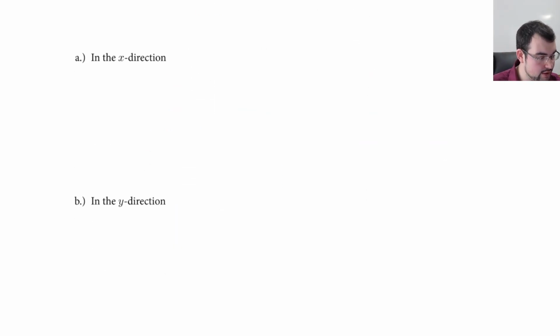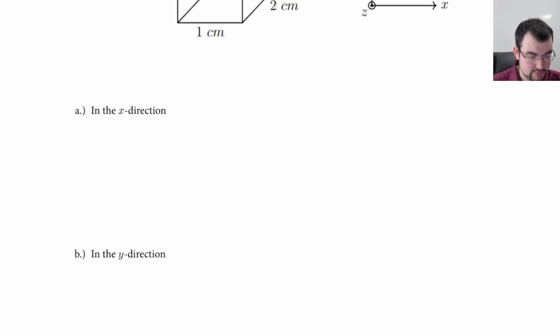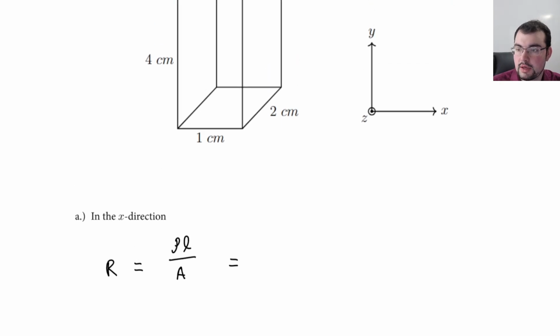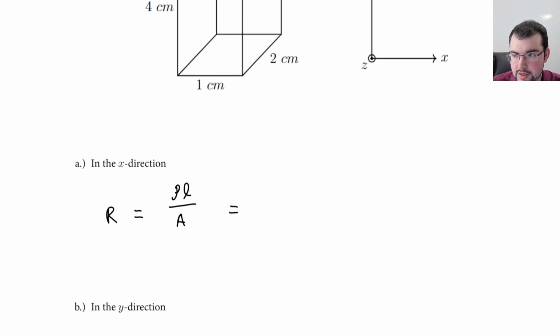So we know that in all of these cases, resistance is equal to rho times L over A. So the resistivity is the same, but if we change the direction of current flow, we change what length to use and what area.